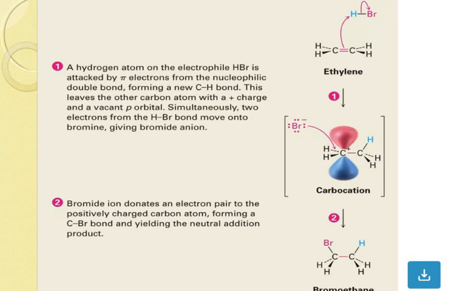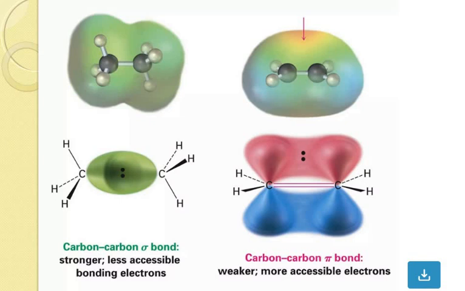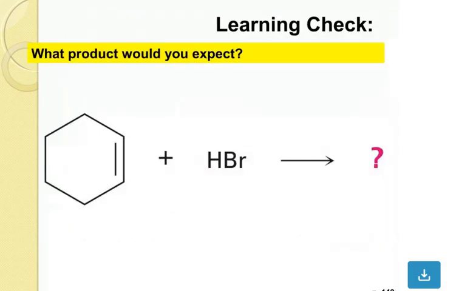You can see the ethylene and carbocation formation. The bromide ion donates an electron pair to the positively charged carbon atom, forming a C-Br bond and yielding the neutral addition product. So you can see here the carbon-carbon sigma bond is stronger, with less accessible bonding electrons, and the carbon-carbon pi bond is weaker, with more accessible electrons.